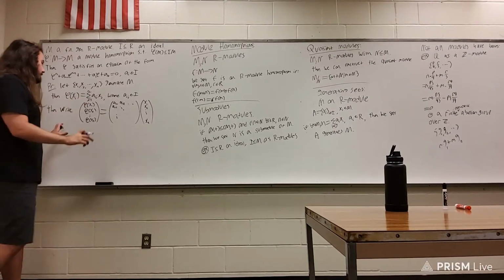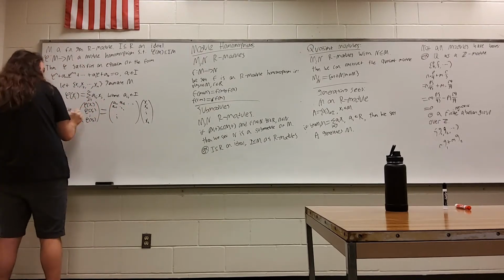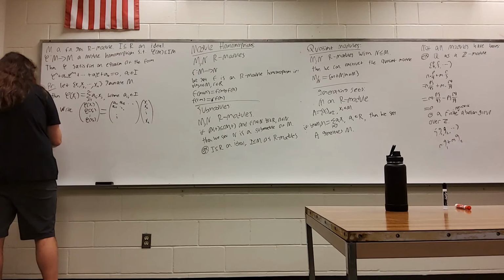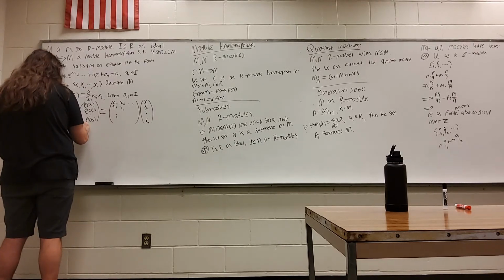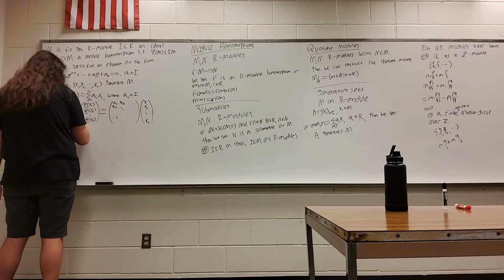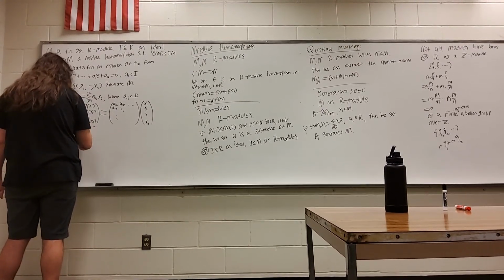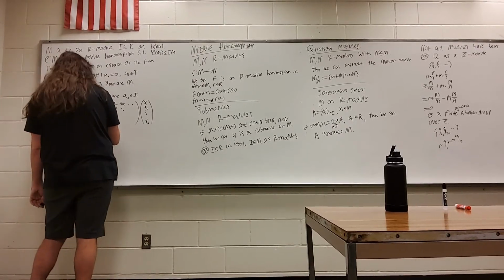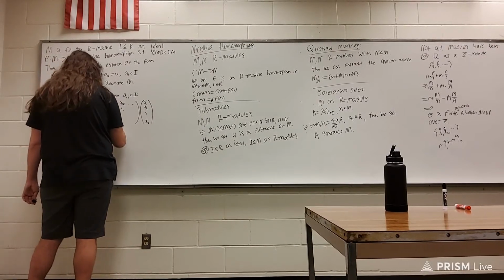Now we want to move some things over. So first I'll do that. I want to write this as the x_i on the same side, minus this whole thing times this, equals 0.